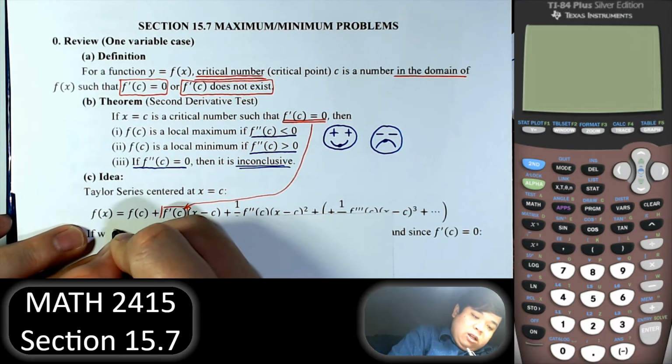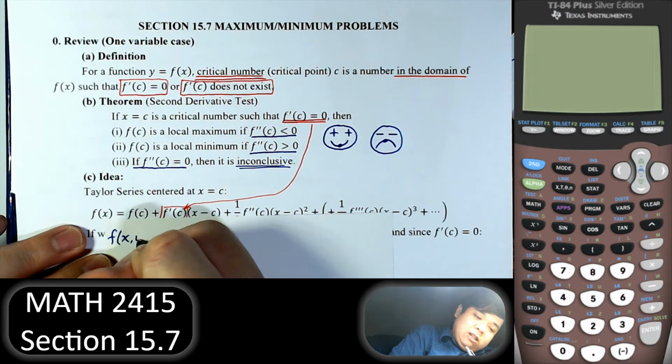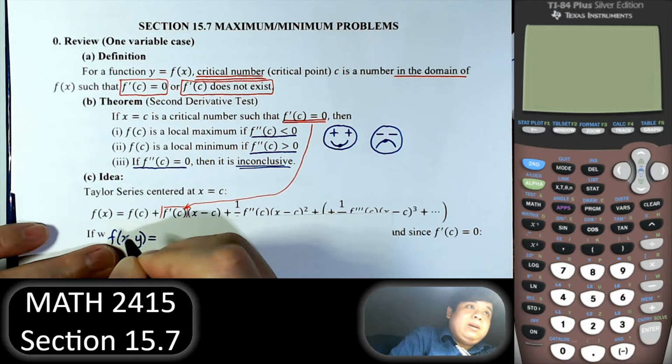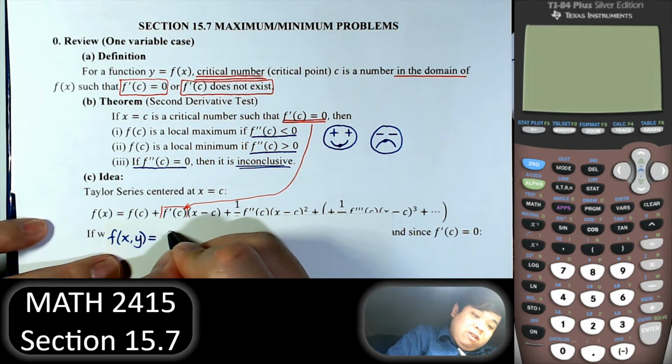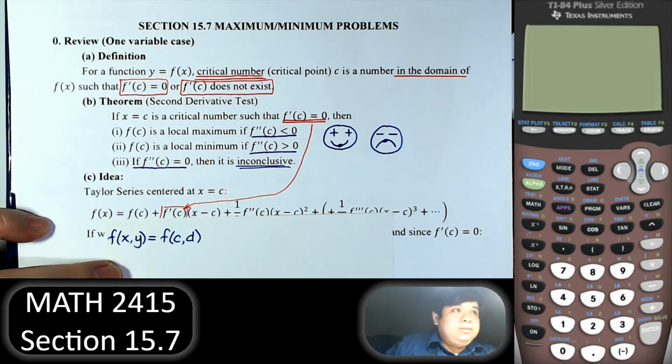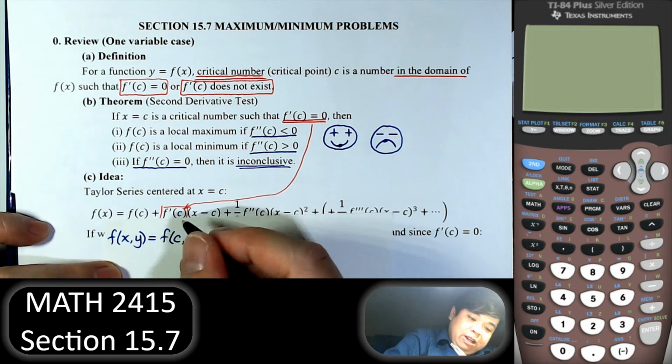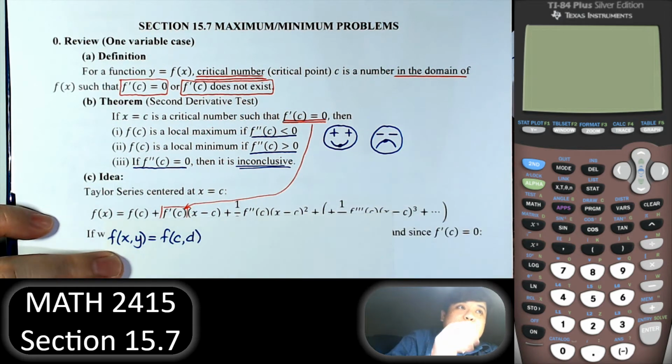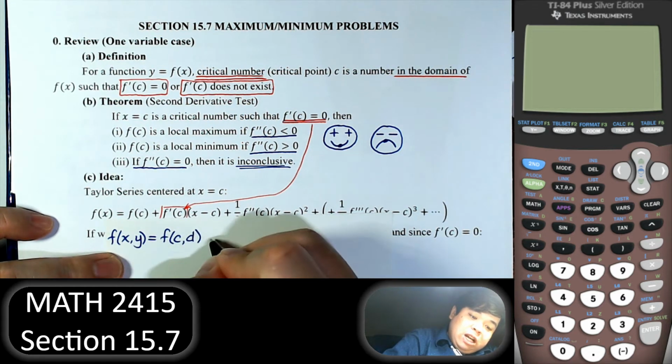So I start with the function of x, y. F of c, instead of that, it's going to be c and d. So we have the function. Next we have the derivative. However, there are two partial derivatives if the function has two variables.